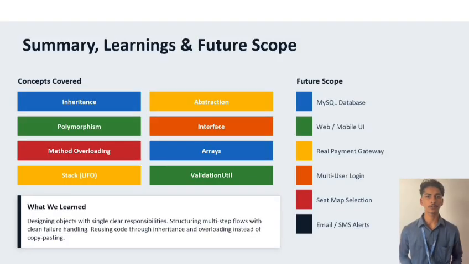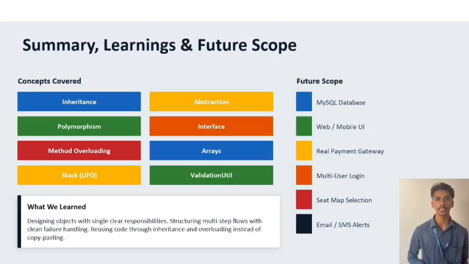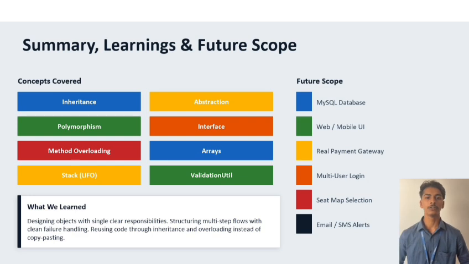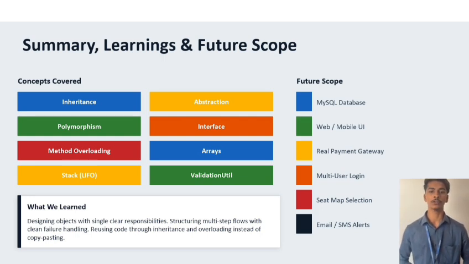Hi everyone, my name is Om Patkar and I am here to summarize our product. To summarize, we have built a fully functional IPL ticket booking system in Java that covers the complete booking lifecycle from booking to payment and cancellation. Through this project, we implemented inheritance: person to user and admin, and payment with 3 different types of payment methods.